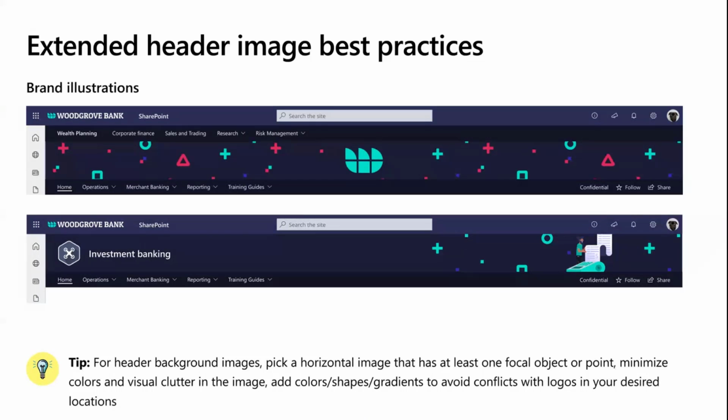And then taking it even further into an actual brand illustration, and how can I add illustration into this header. So really giving you a lot of different options as to how you could utilize this extended header. We're really excited to see how people will start to use this, potentially using it on home sites or the root of their intranet. It'll be really exciting to see you get these headers in your hands very soon and start using them.